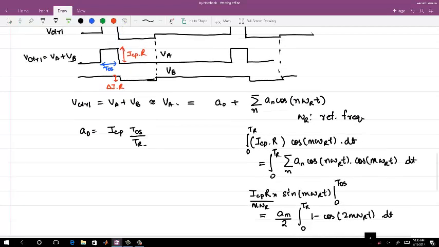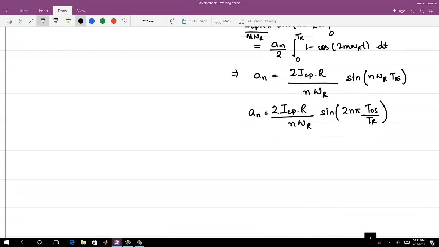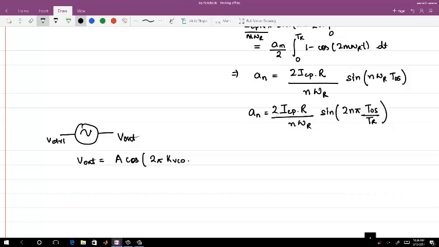Now I will write V control. You see there are all the harmonics here, but I will only talk about the first harmonic. What happens with the V control? It goes to an oscillator and gives output V out, which equals some amplitude A times cosine of 2 pi kVCO times the integral of V control dt.